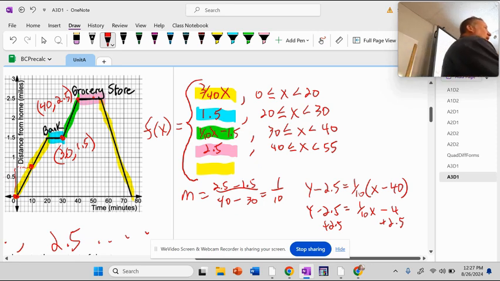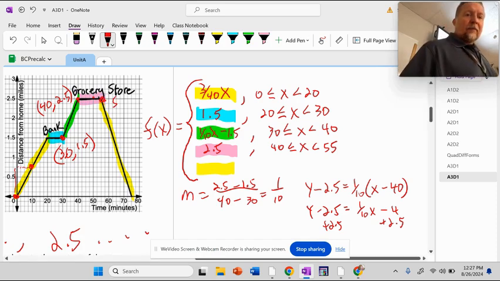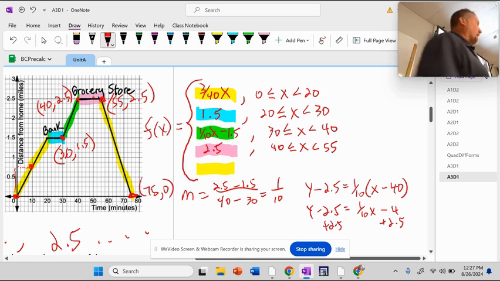Do I have to show you how to find an equation of a line anymore? I hope not. So this is 55, comma 2.5, and then make your life easy. The other coordinate is 75, comma 0. Then you do the same thing: find the slope and then find the equation of a line. And then you put that right here.